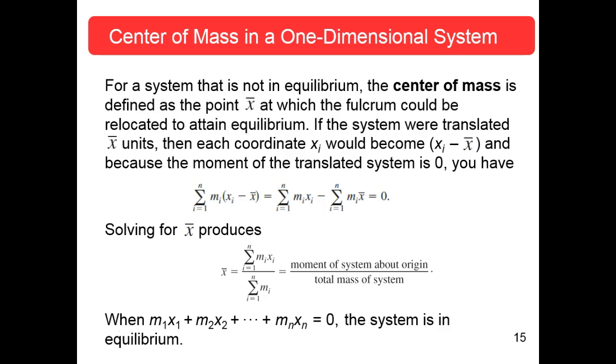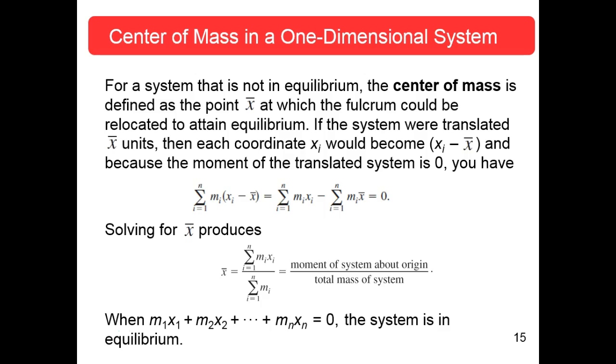Well, summations follow the same rules as integrals. The summation of a difference is the difference of the summations. So the summation from i equals 1 to n of m sub i x sub i is all the moments, minus x bar times the total mass, and that would be 0. So what you have then, your x bar would be the summation of your moments divided by the total mass.